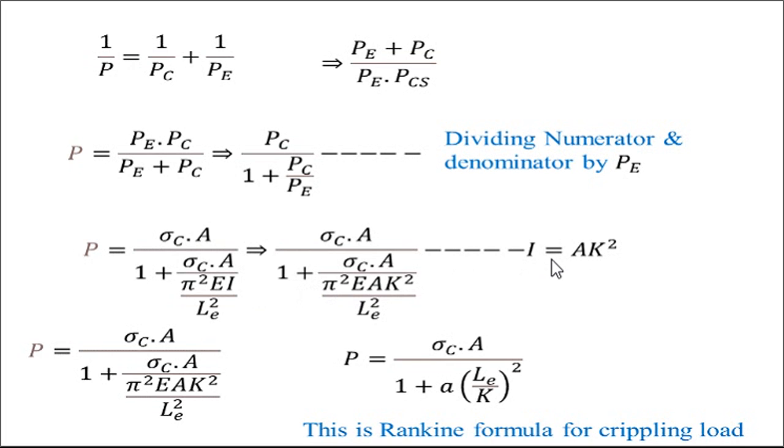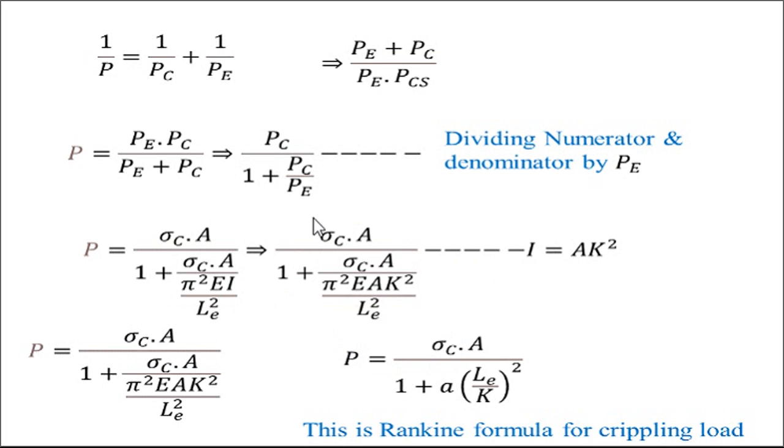So where does this relation come from? It is coming from the radius of gyration, that is, the formula K is equal to under root of I minimum divided by A. So we get I is equal to AK square. So instead of I in this formula, you have to put AK square. So this is the total relation.